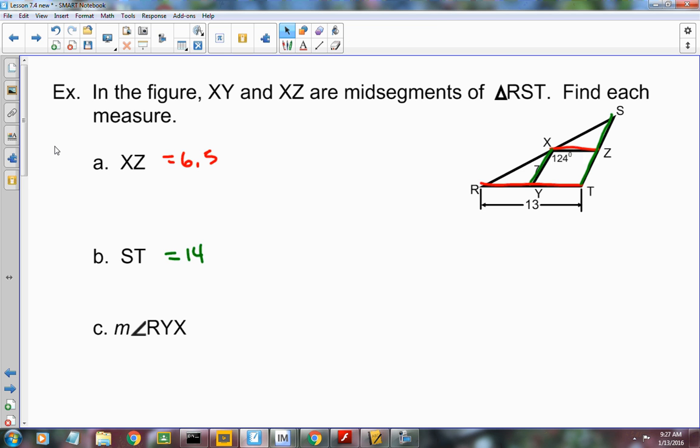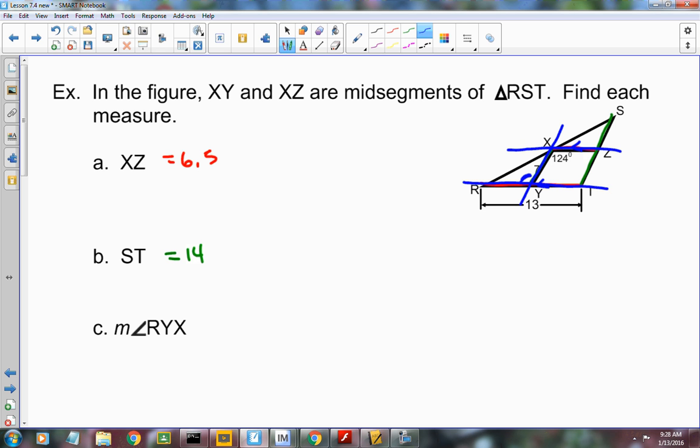All right. Now we want to find the measure of angle RYX. This right here is RYX. Now, this angle is created, or we have a pair of parallel lines here cut by a transversal.